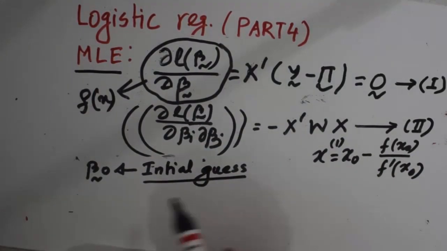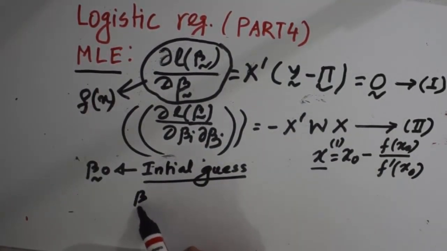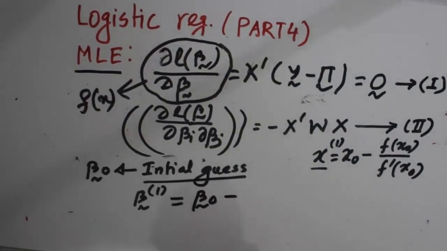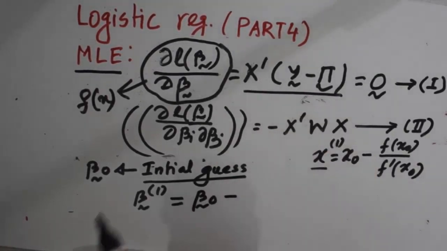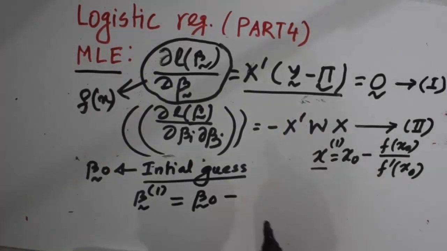So the first approximation beta 1 curl is equal to beta naught curl minus f(x naught), which is X prime y curl minus pi curl. Please keep in mind the order of a matrix: this is a matrix and this is a scalar.